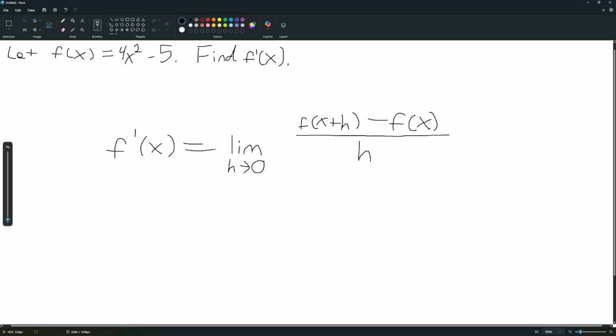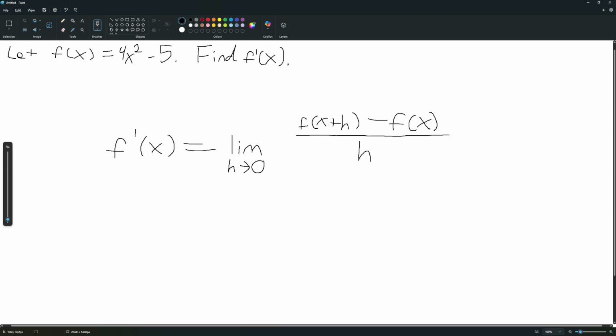Now, with some professors or some people, you may find that they write h as delta x. It is the same thing, because really what we're looking for is the change in x. For the purposes of simplicity, we're going to be using h, just because it looks cleaner.